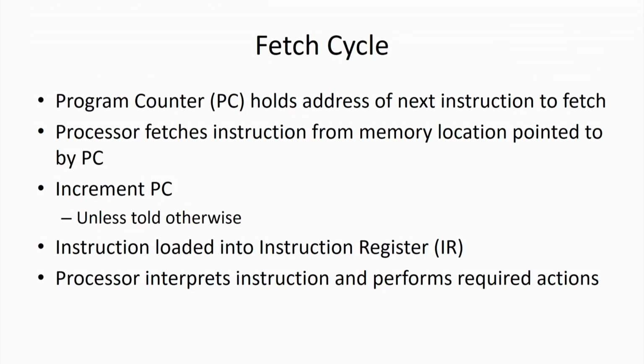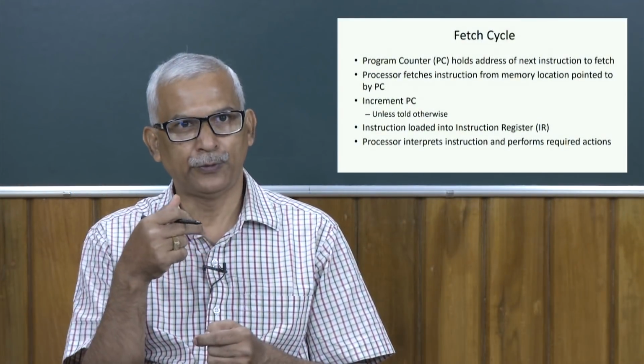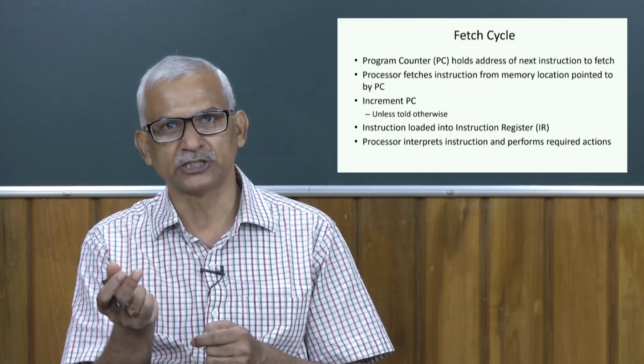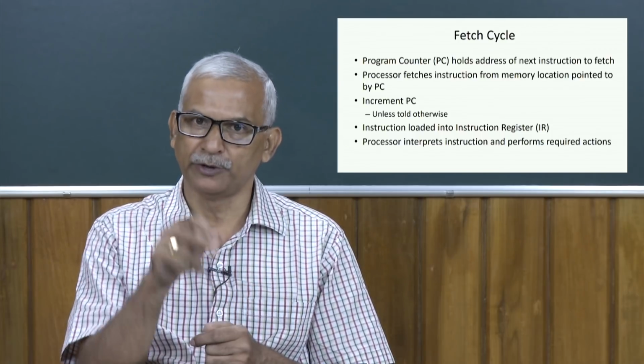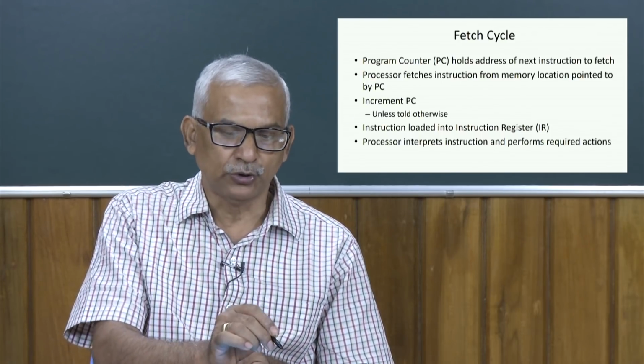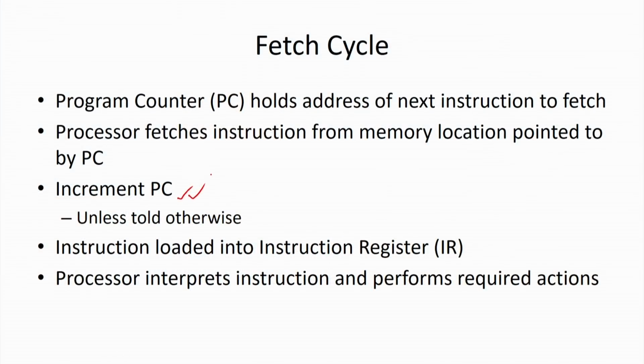Now, after fetching one instruction, what will happen? After completion of this instruction, we have to fetch the instruction from the next memory location, because it is in sequence. That is why we sometimes have to increment the PC also. First, it has the address of an instruction, and the processor fetches this information from memory, and along with that it increments the PC.